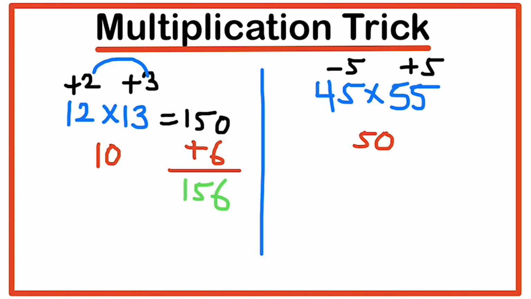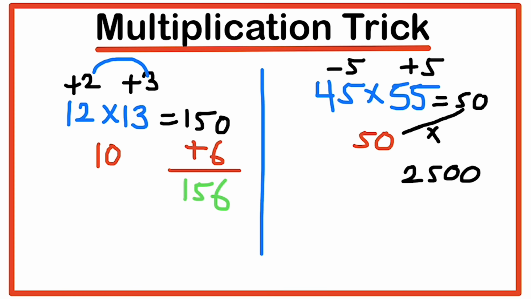Agree? Now we will do the same thing. Add these two numbers, or these two numbers. In both cases it will become 50, right? So we will write 50 and then multiply that 50 with the base, so it will become 2500.